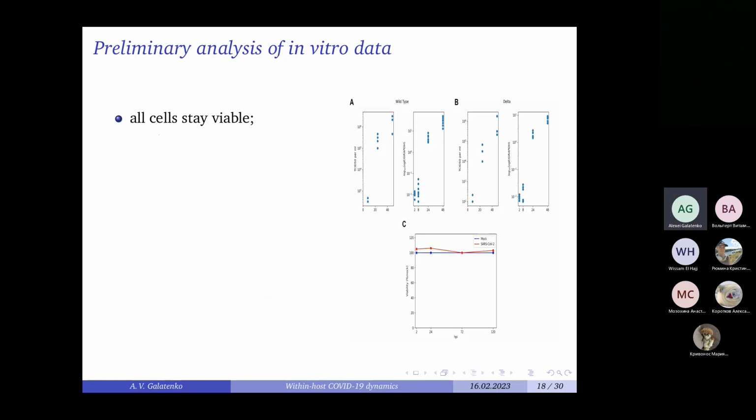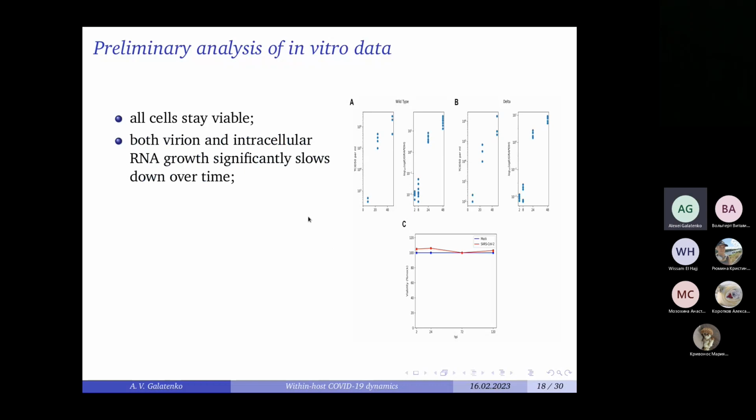Well, before formalizing our model, let's take a look at the data and make some conclusions. First, as I have already pointed out, like 20 times, all cells stay viable throughout their experiments.